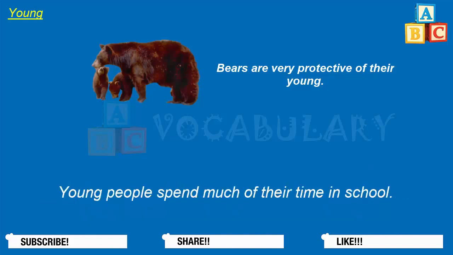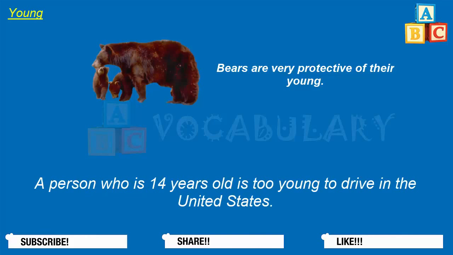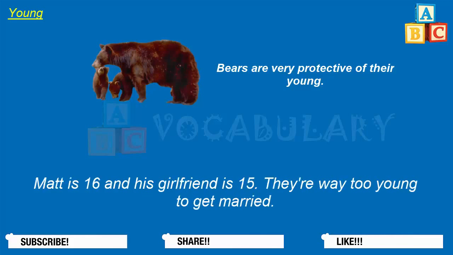Young people spend much of their time in school. A person who is 14 years old is too young to drive in the United States. Matt is 16 and his girlfriend is 15. They're way too young to get married.